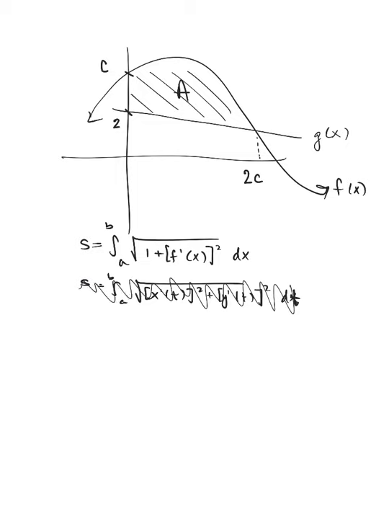So let's say that we have to find the area, or the arc length, excuse me, of f of x. So let's do it of f of x. So then that would be given as s equals, so arc length. We would integrate from 0, because it's starting here at 0, right? Because we're doing it on the x, from 0 to 2c.